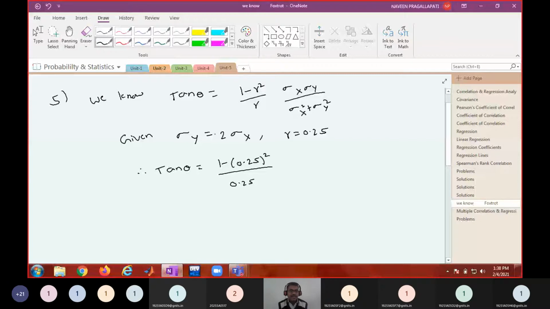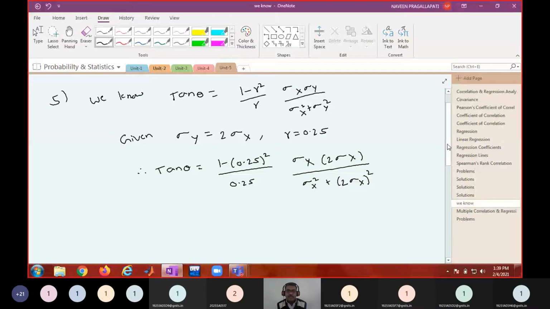Let's assume that it is an acute angle. So now I can replace sigma y with 2 times sigma x. So 2 times sigma x divided by sigma x square plus 2 times sigma x whole square.